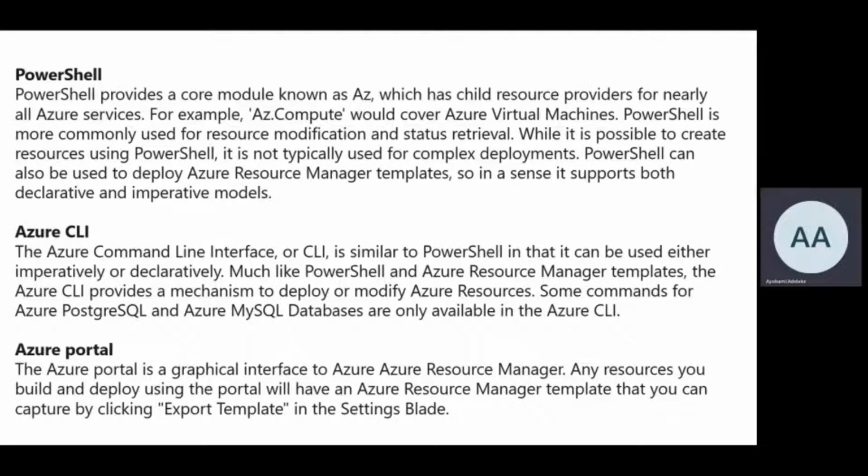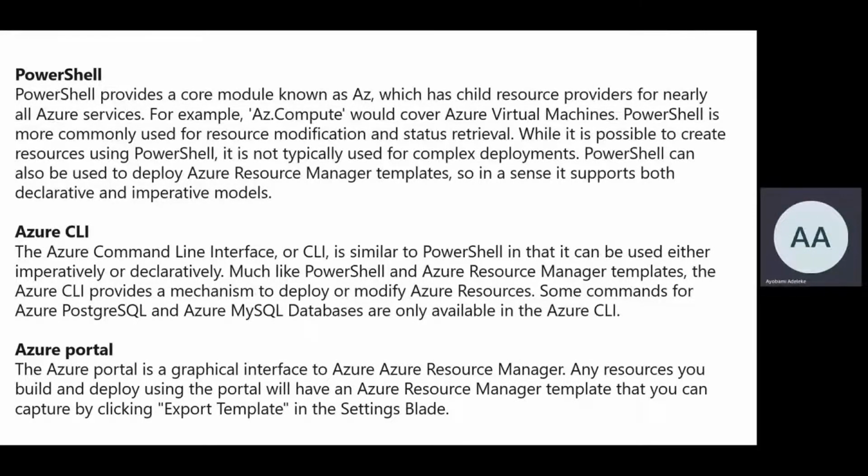So the next option here is the Azure Portal. Azure Portal is a graphical interface to Azure Resource Manager. Any resource you build and deploy using the portal, automatically the portal will create a template for that resource that you can capture by just exporting the template for that particular resource in the settings blade.